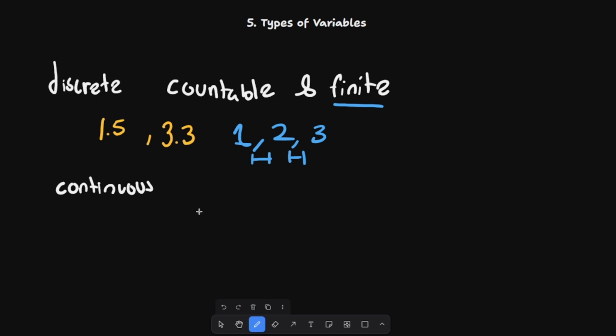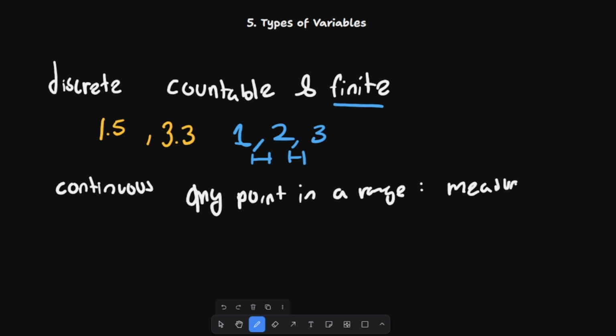So continuous variables are values that can take any point within a range, and they are measured. So examples for this would be stuff like temperature, because if you got a very, very accurate thermometer, technically you could get maybe accuracy up to 4 or 5 decimal points, and it could keep going.